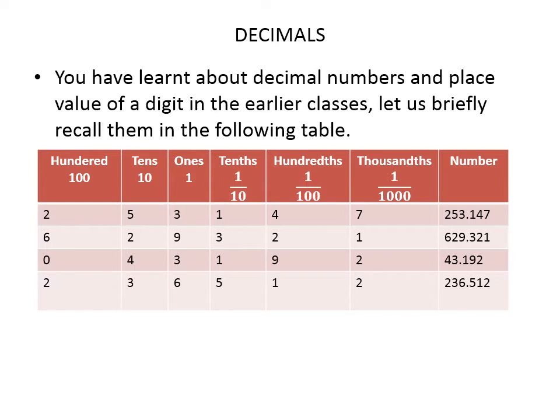Therefore we get the number 629.321. Again this is a decimal number.